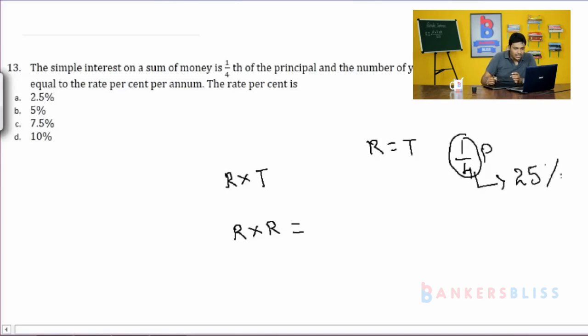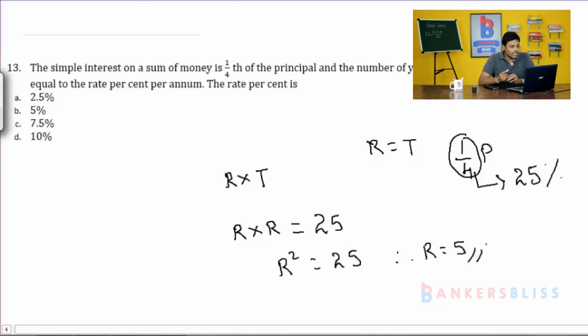After multiplying the rate percent and time period, we get 25%. Therefore R into R is equal to 25, means R square is equal to 25. Therefore R is equal to 5. So according to this question, the answer is 5%, option B.